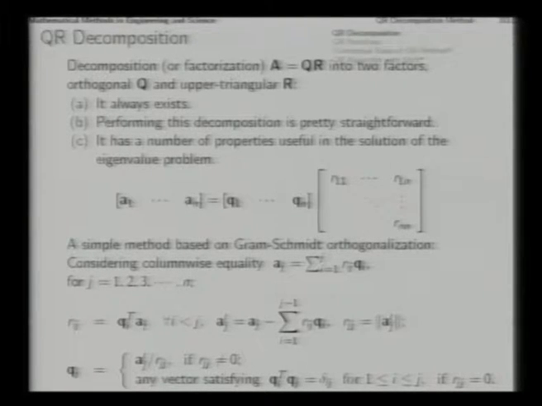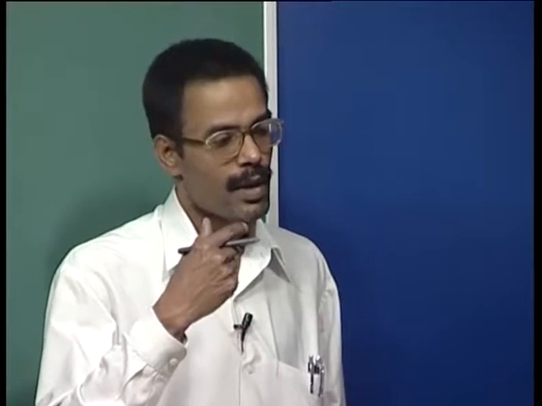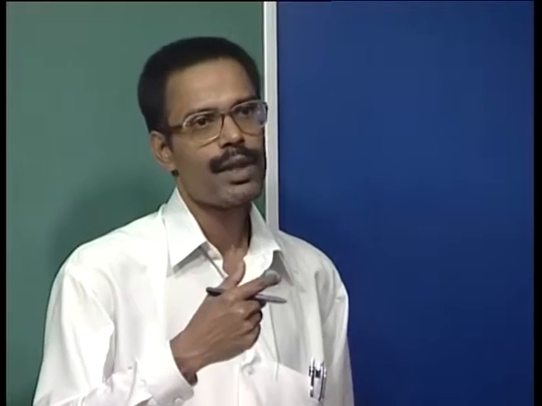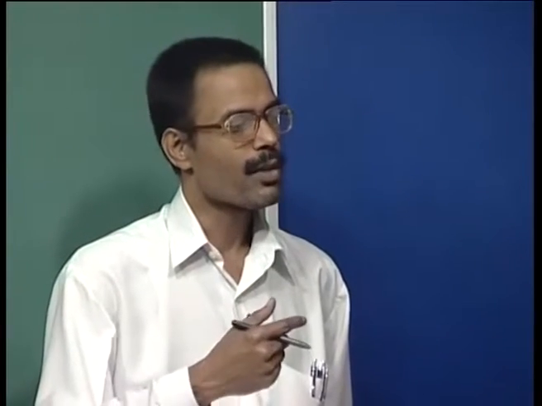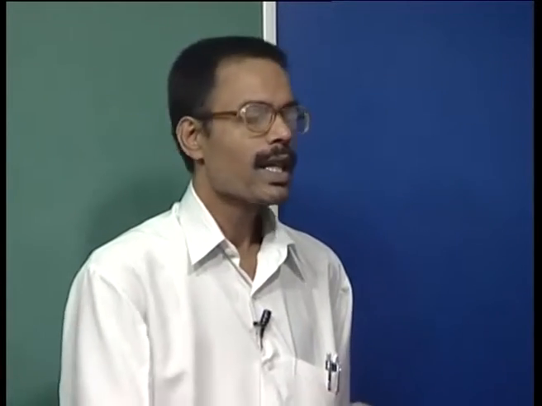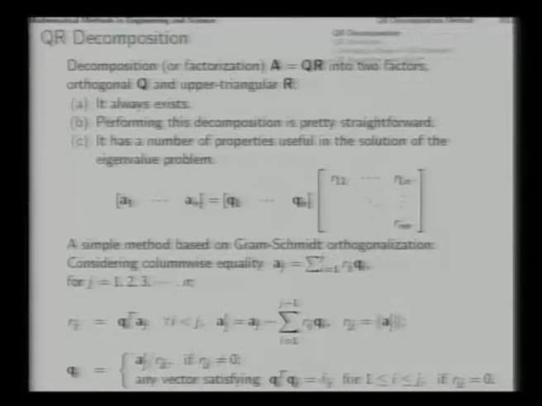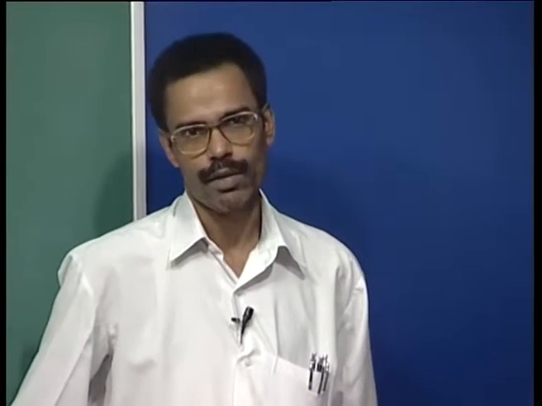However, I should mention for the record that the sophisticated or practical methods utilized in most computational algorithms are actually not this. Though this is a valid method, the QR decomposition in most professional programs is effected through Householder transformations.